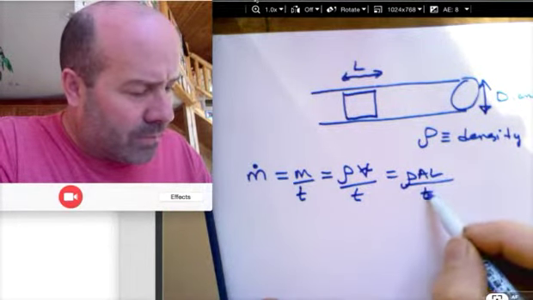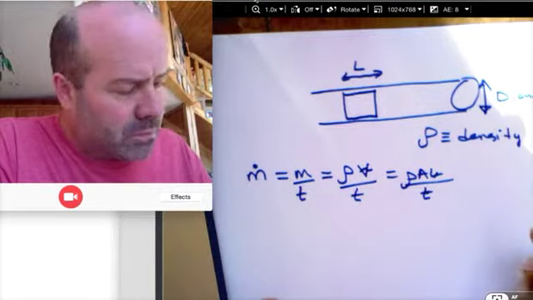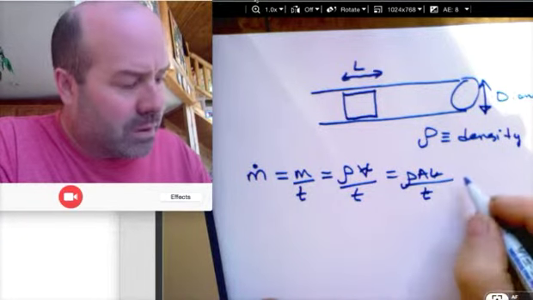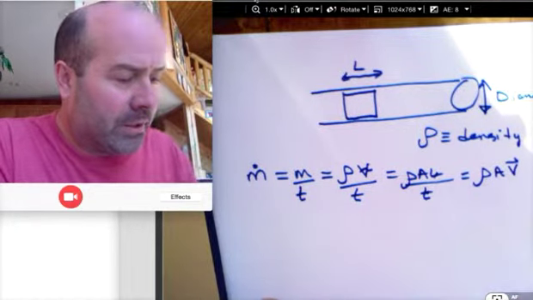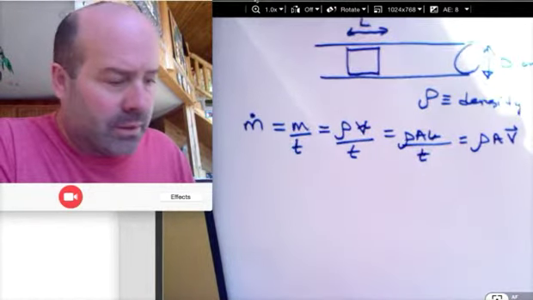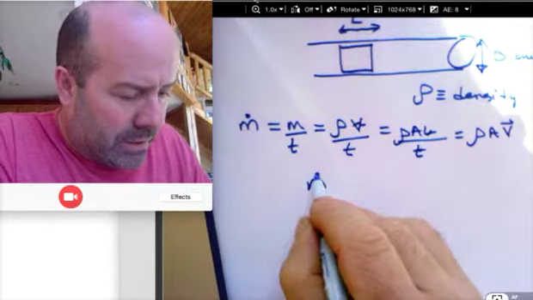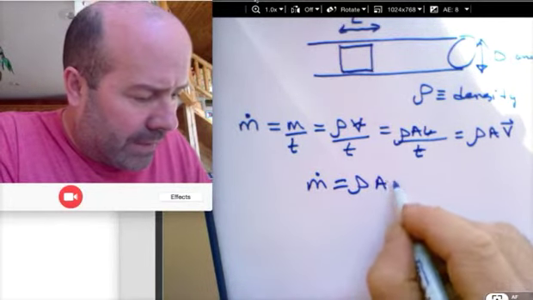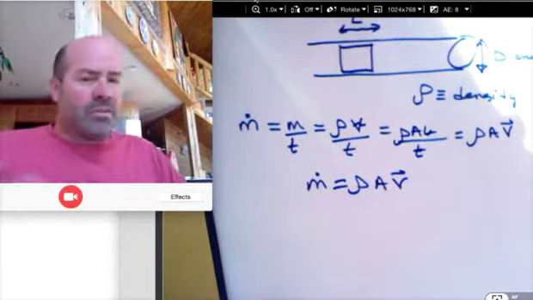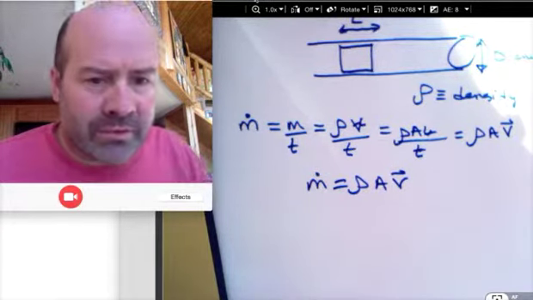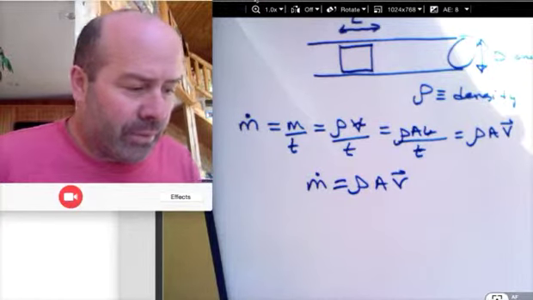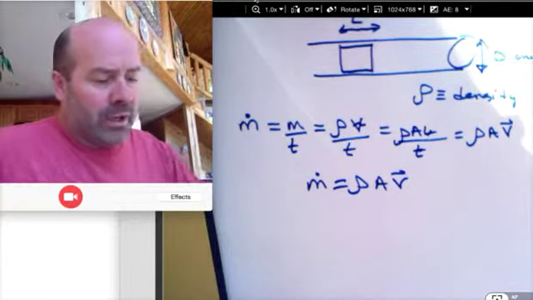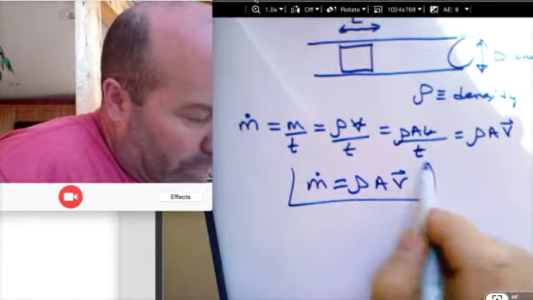What's length over time? Oh yeah, velocity. So the equation for the mass flow rate of a fluid is m dot equals rho A v. And that v is really speed. We're not doing this in a vector form, but I always put the arrow over it because we have the other V of volume going on here. So m dot equals rho A v.